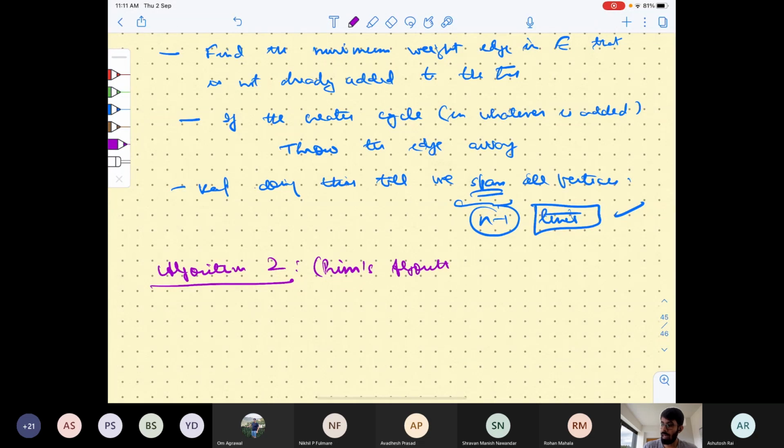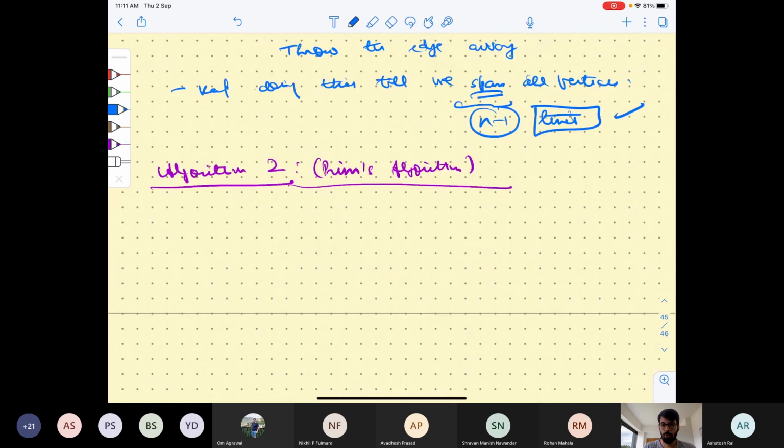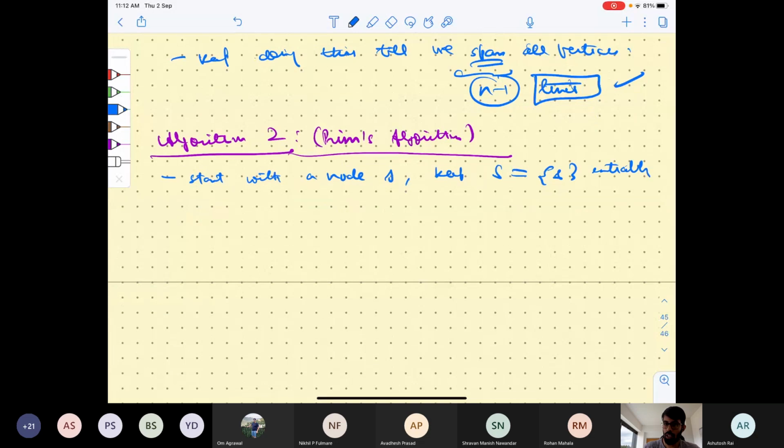Here, instead of adding the edges arbitrarily from the graph, now we have some direction. So what does it say? Start with the node s. Initially, you initialize a set S with just small s in it.